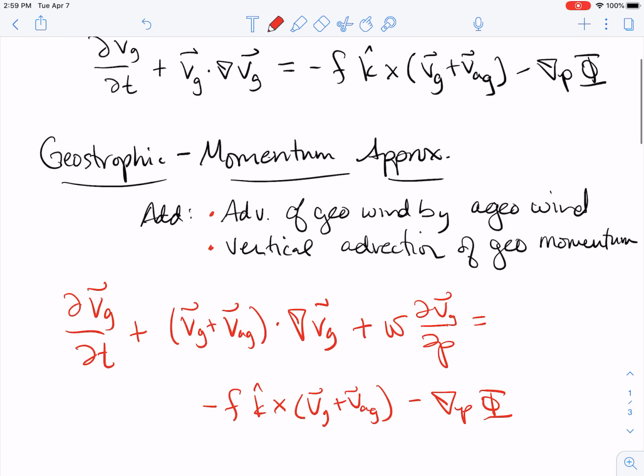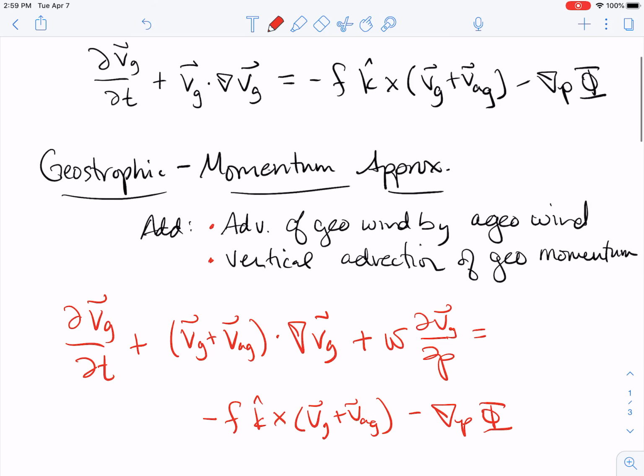And so if we look at both of these equations here, our geostrophic equation up here at the top and our geostrophic momentum equation here at the bottom, we see that we have these additional terms.